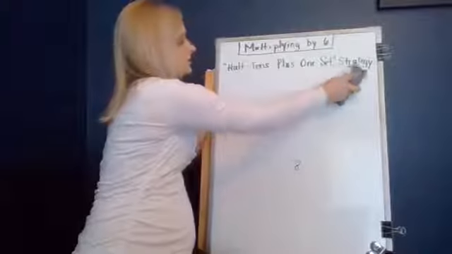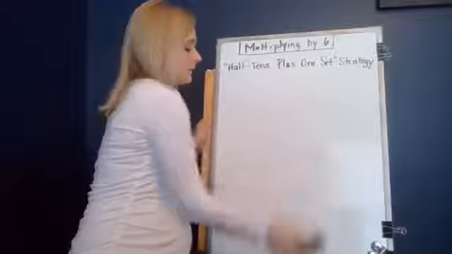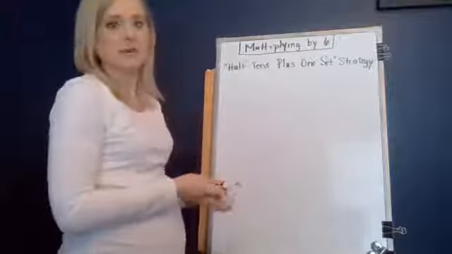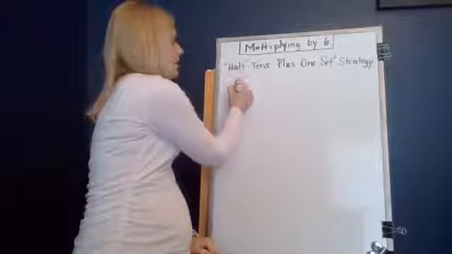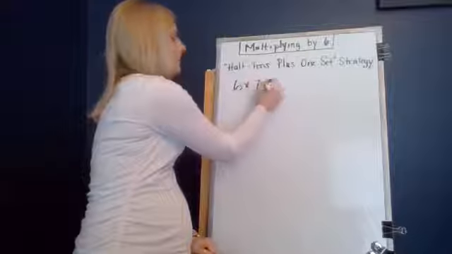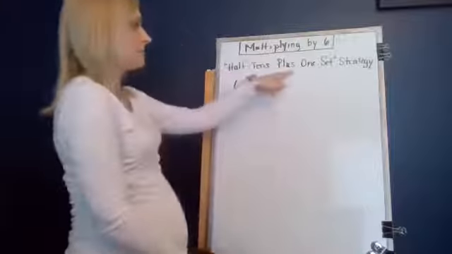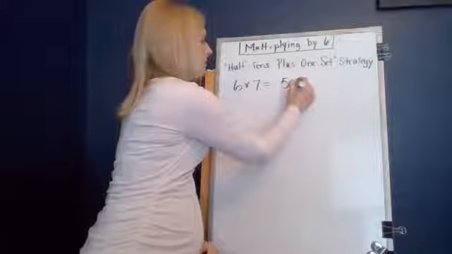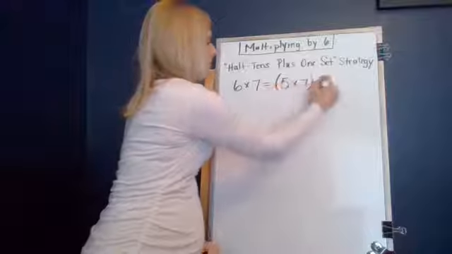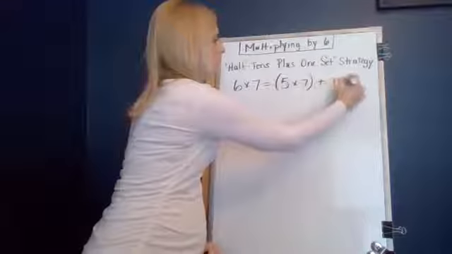What's another 6's problem that lots of kids face? I guess 6 times 7 is another issue that sometimes kids face. So if we were trying to find 6 times 7, we could use this half tens plus 1 set strategy and think of that as 5 times 7 plus one more set of 7.